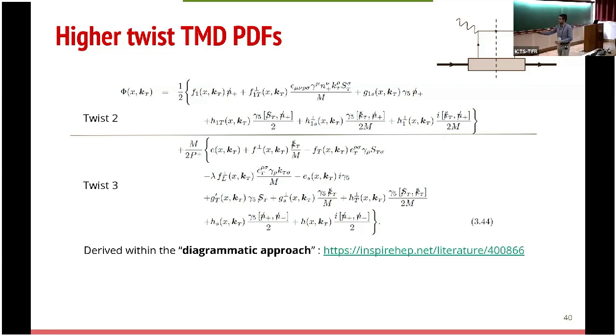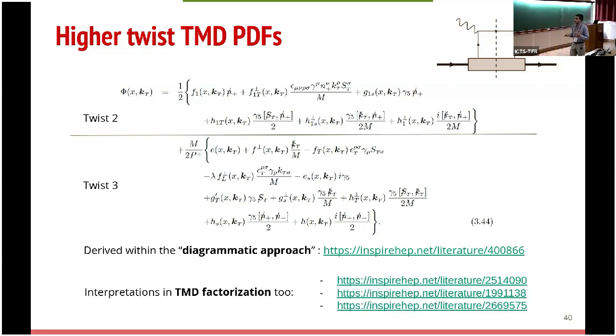Okay, so as I said, you can derive this kind of corrections in the diagrammatic approach, but the interesting thing is that some groups started giving an interpretation of higher twist effects in TMD factorization as well. And what is nice to see is that the two descriptions match. Okay, so this is very interesting. So even if you do the same kind of calculations using perturbative QCD and the renormalization group equations in the proper way, the expansions that you get are the same, or they can be connected to each other.